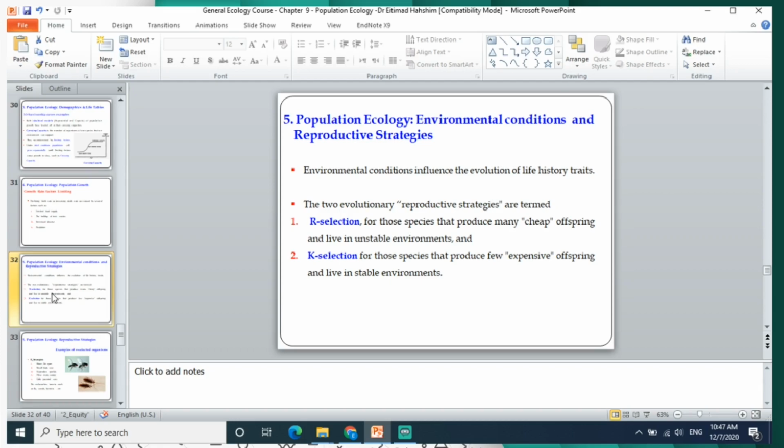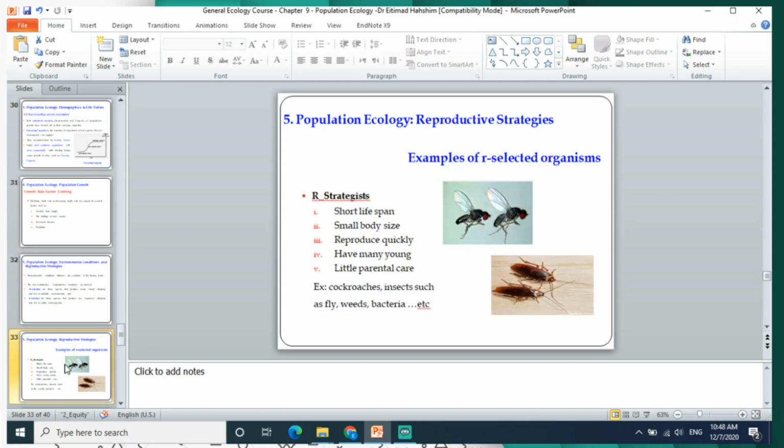Let us see examples for r selection and K selection. R selection and K selection are reproductive strategies. R strategies are associated with living organisms that have short lifespan, small body size, reproduce quickly, have many young, and little parental care.